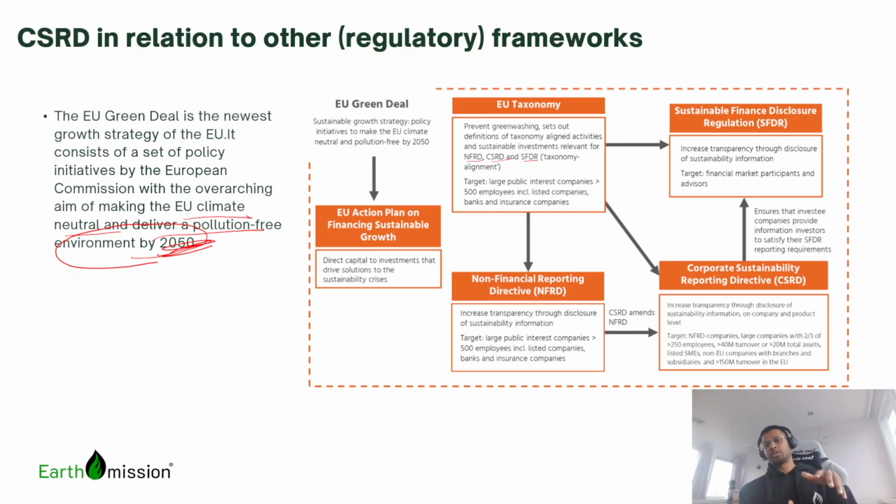If you look at the EU taxonomy, it divides into different reporting frameworks. So the NFRD, then its amendment, which is CSRD, and then you also have SFDR. But this is just good to know. There are more details if we get into these frameworks. But for us, the main goal of the session is to understand more about CSRD and how it is related to other directives and frameworks.